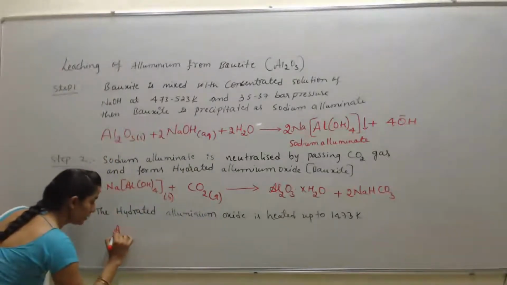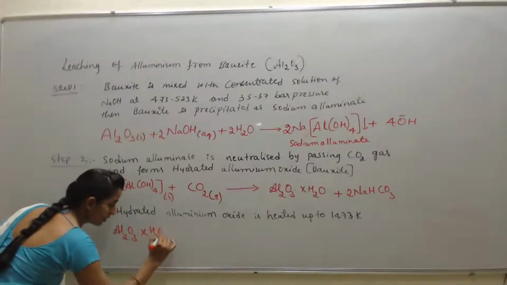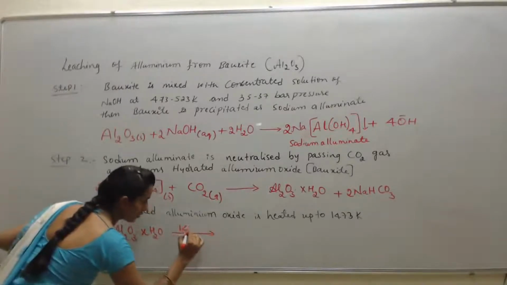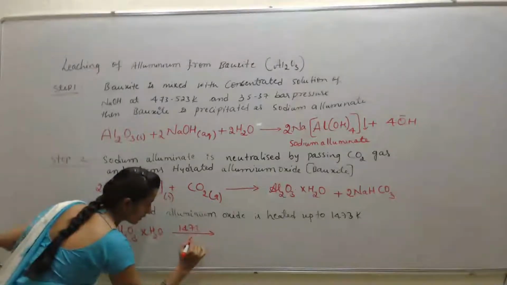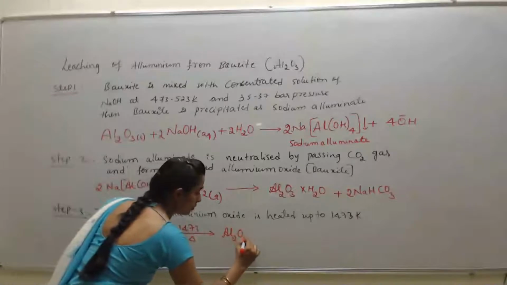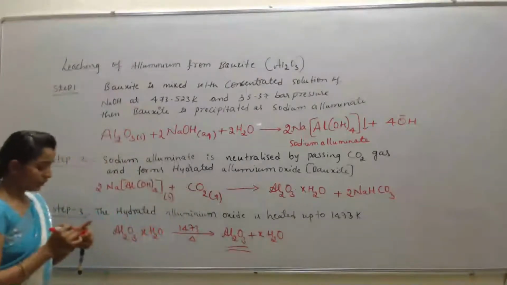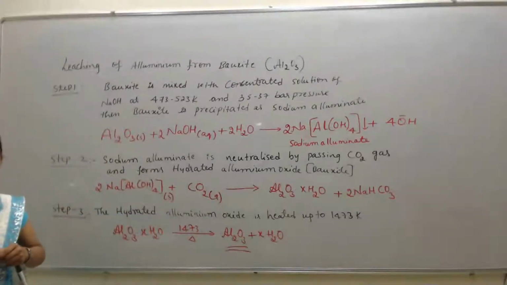This Al2O3 into xH2O is heated at 1473 Kelvin. Then the water molecules separate out, that is Al2O3 plus xH2O. So this is pure aluminium oxide.